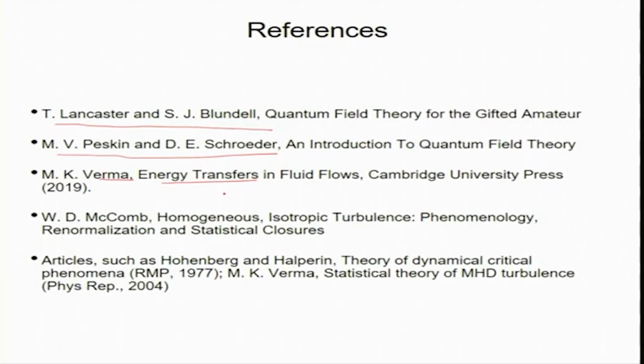I will take material from there. In turbulence, this is the standard. I think this is one of the best books, by McComb, who talks about the field theory of turbulence. The person who worked on this is Kraichnan, but Kraichnan's papers are very hard to read. Okay. So, Kraichnan is the person who pioneered field theory in turbulence. There are various articles which I will use on the way.